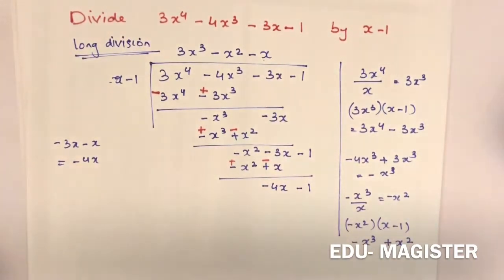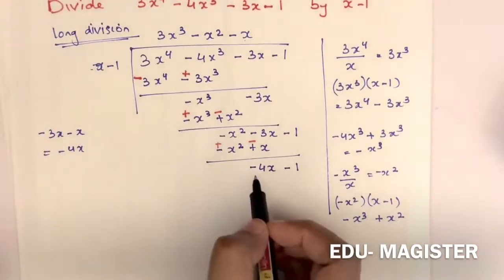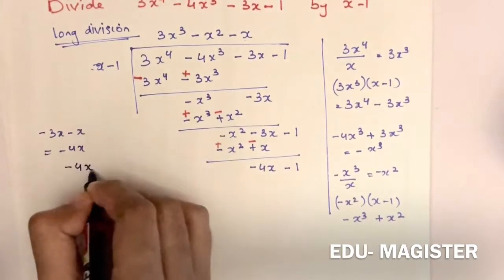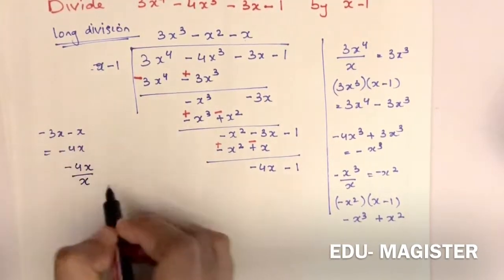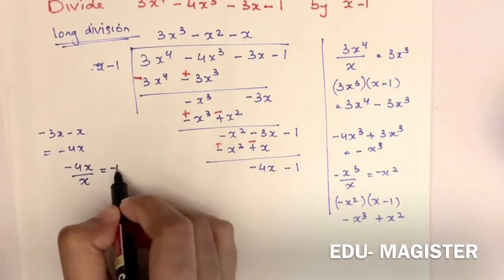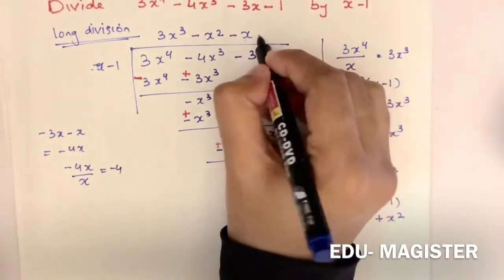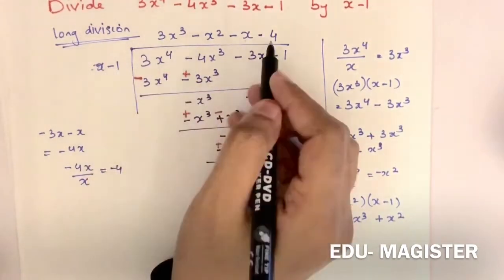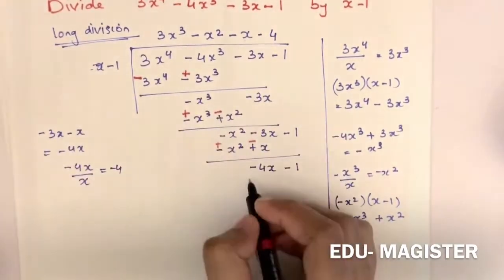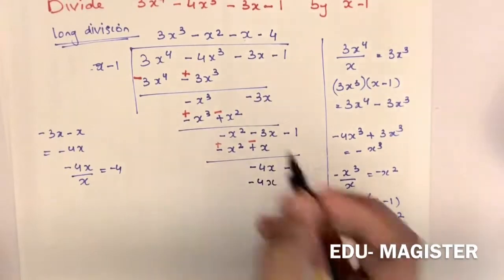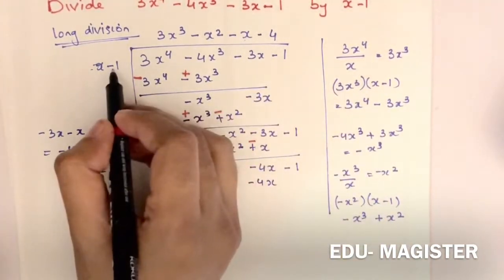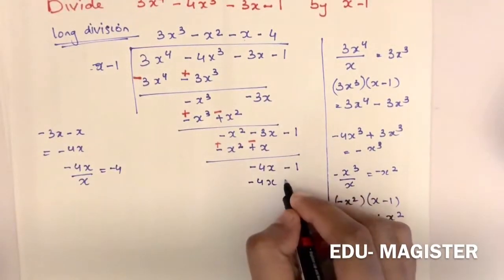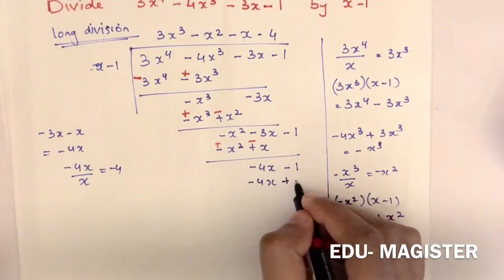Again, we need to repeat. Minus 4x divided by x. Answer is minus 4. So my quotient will be minus 4. Now multiply. Minus 4 into x is minus 4x. Minus 4 into minus 1 is positive 4.